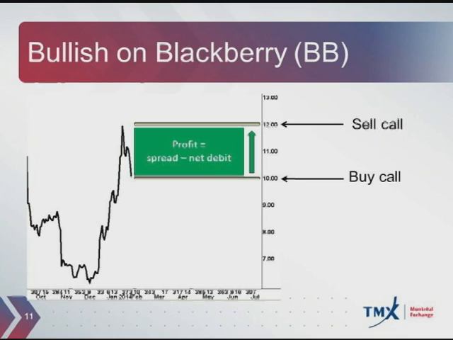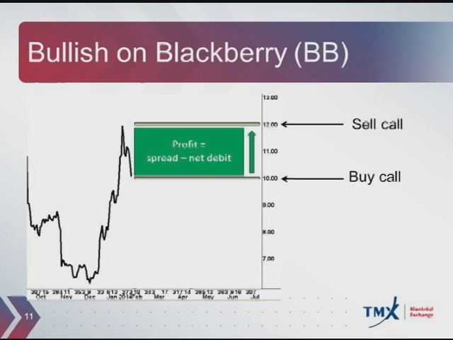Now, an interesting consideration that I run into quite often is that folks will say, well, look, I think that the stock is going to go up to $15, so why limit it at 12 when I could sell a $15 strike call? What you're going to find is that typically your risk versus reward is going to be the exact same.